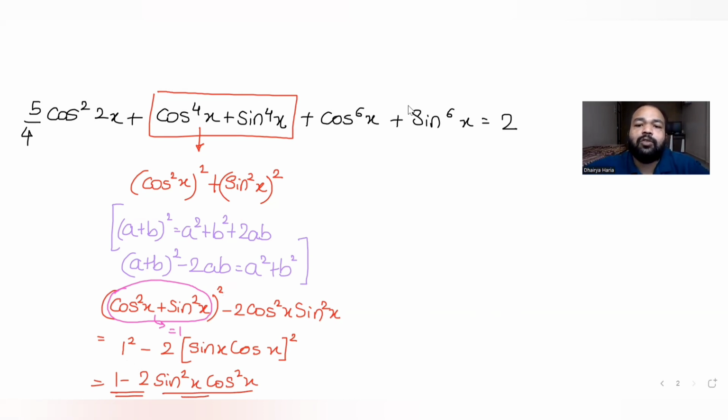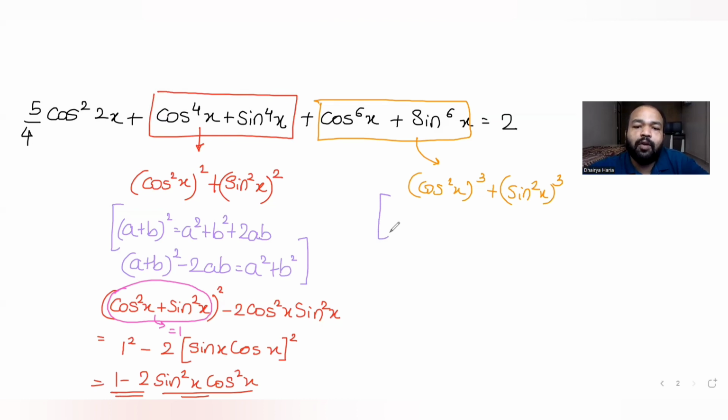Now let's simplify the other expansion also, cos raised to 6x plus sin raised to 6x. Again, I can write that as cos square x cube plus sin square x cube. When I write it in terms of cubes, it becomes the formula of a cube plus b cube, which is a plus b times a square minus ab plus b square.